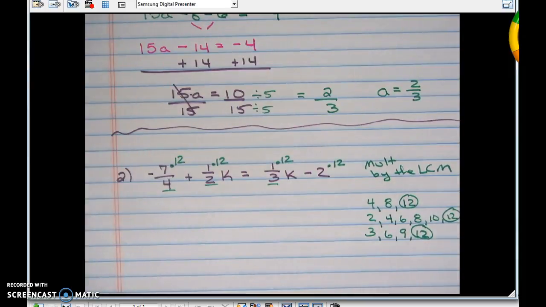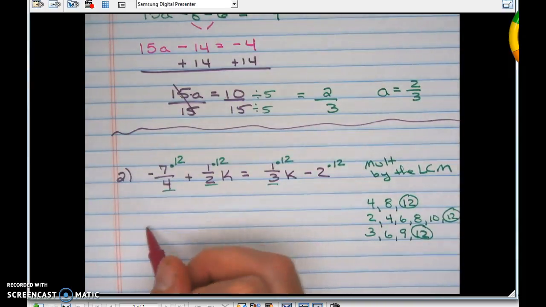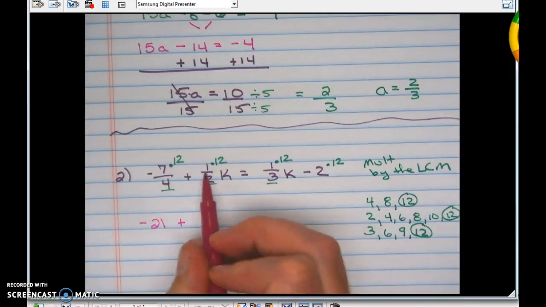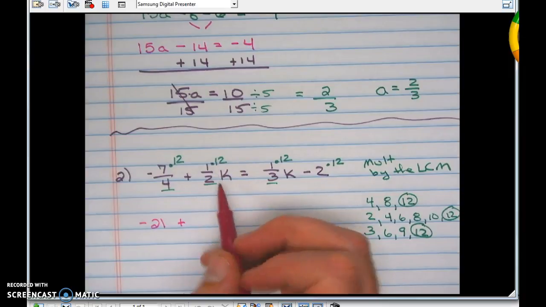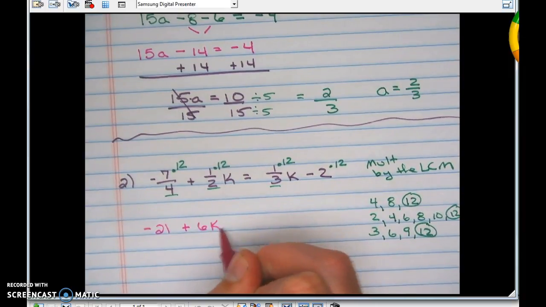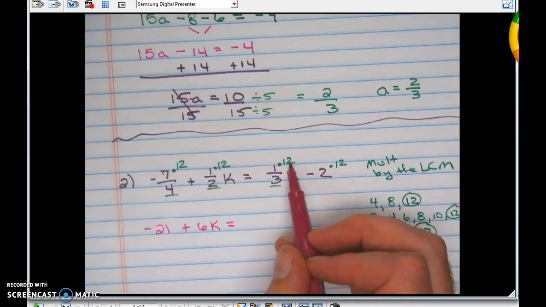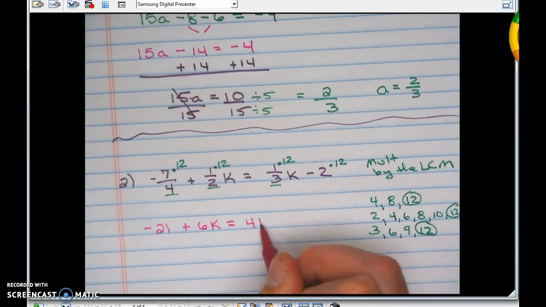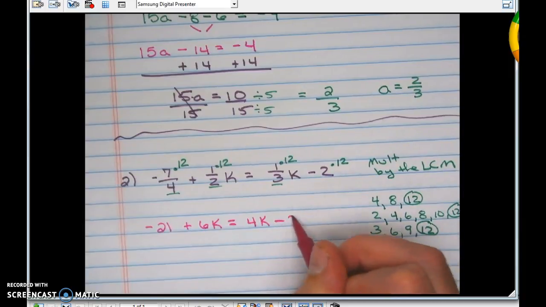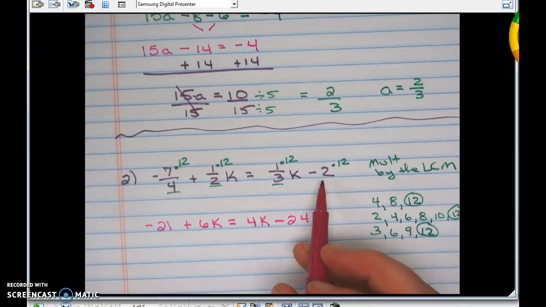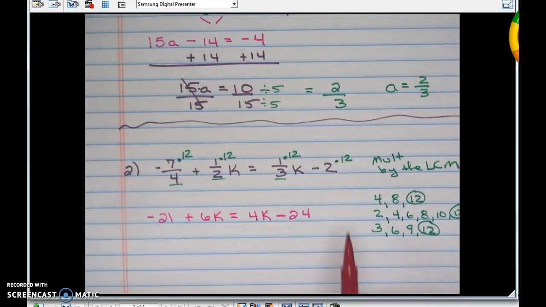So you can just grab that and say this right here turns into a negative 21 plus 1 times 12 is 12, divided by 2 is 6, so that's 6k. And then this one's 1 times 12 is 12, divided by 3 is 4, so this is a 4k. And then 2 times 12 is 24, and notice I put the minus sign here because it was a minus sign here.